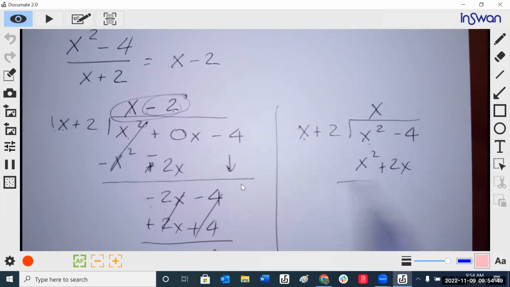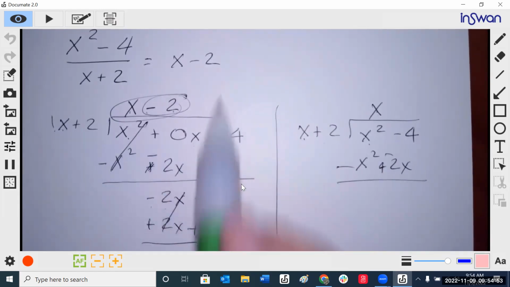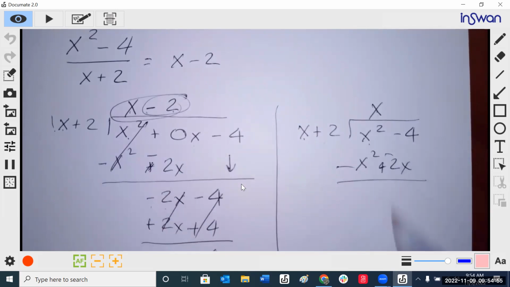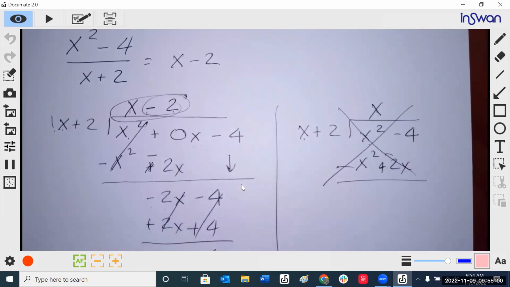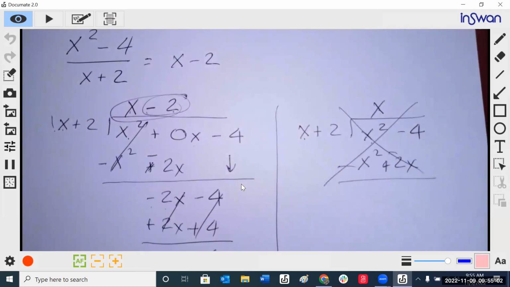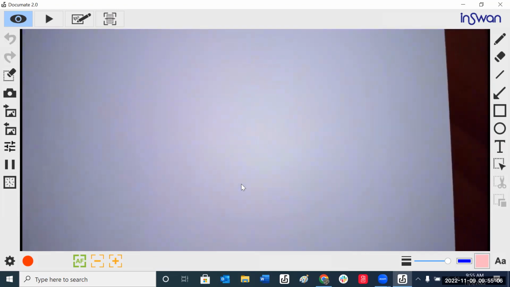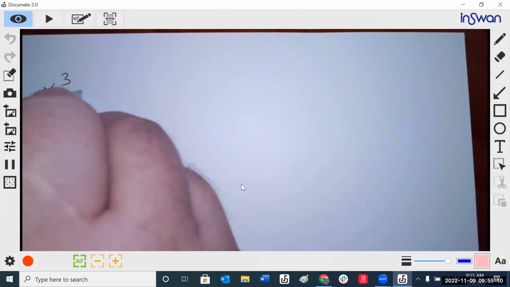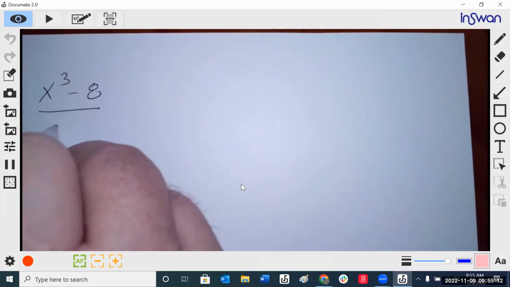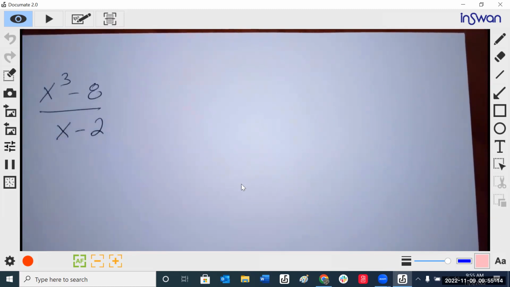So that's why when you do this, make sure you have each column taken care of. This has just become too much of a pain. So make sure you put zeros where they're needed. How about that one?